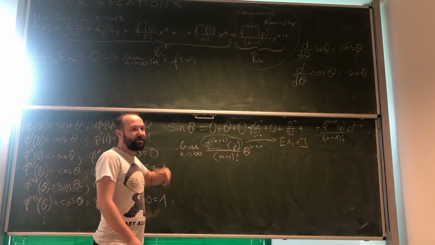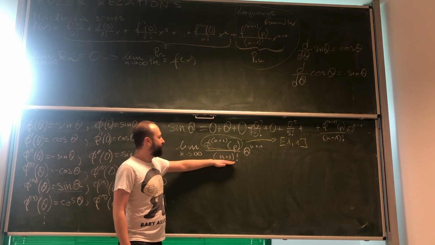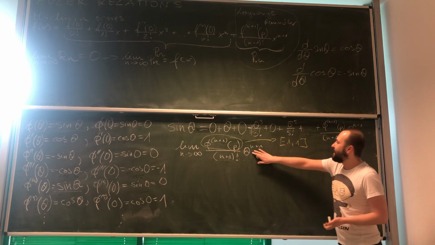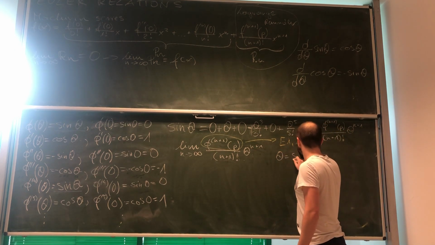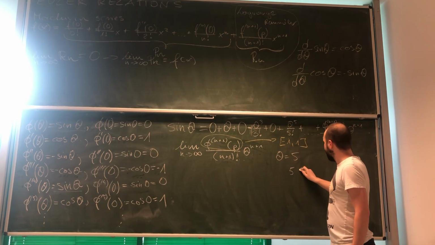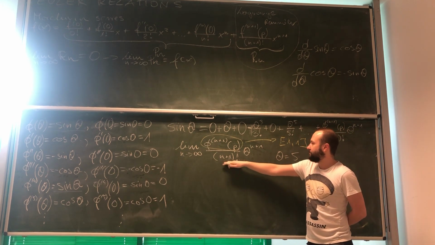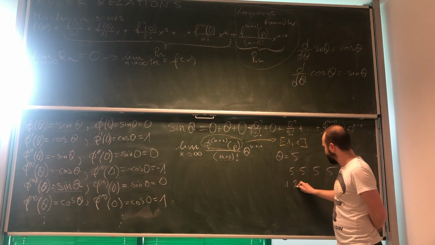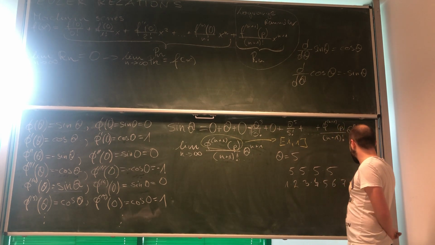Well, without getting into a detailed proof, you can imagine that this force is winning, because look, imagine that theta is 5, right? So here we've got a case of 5 times 5 times 5 times 5. Over here, we've got n plus 1 factorial, so we have 1, 2, 3, 4, 5, 6, 7.